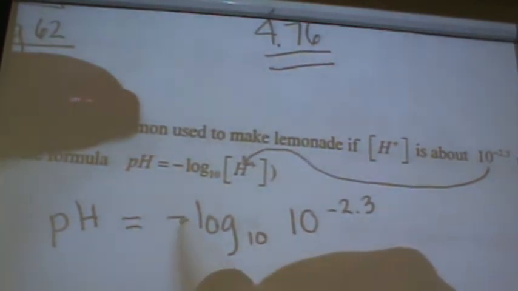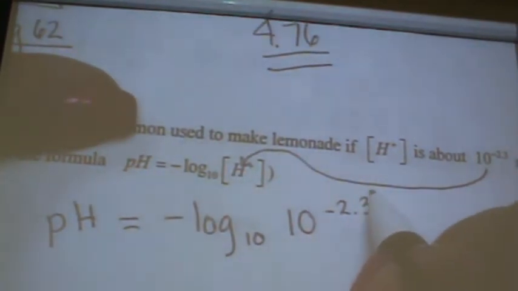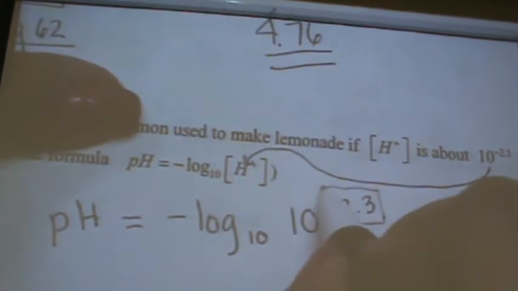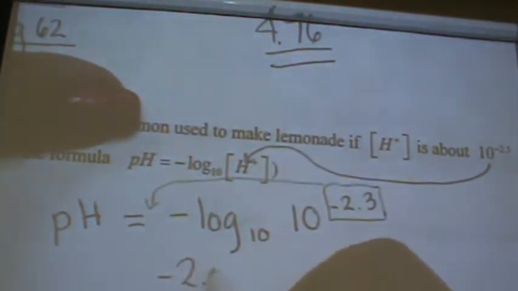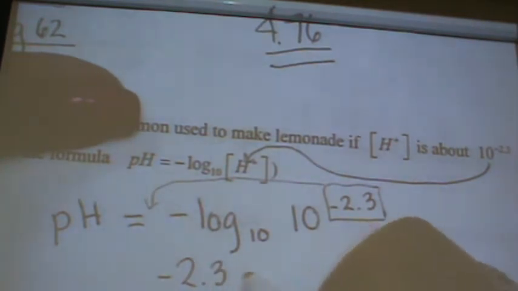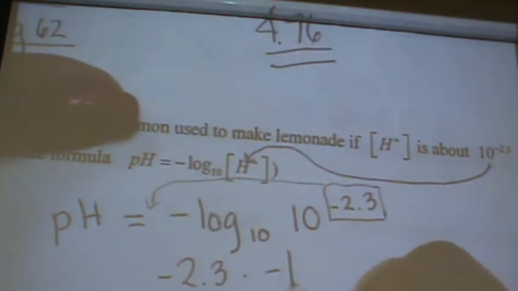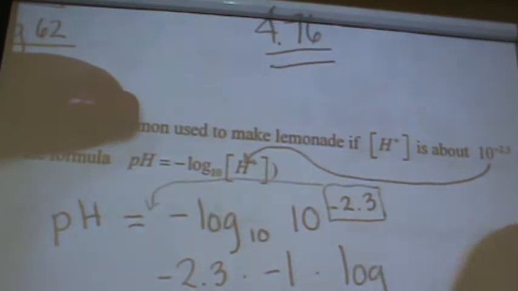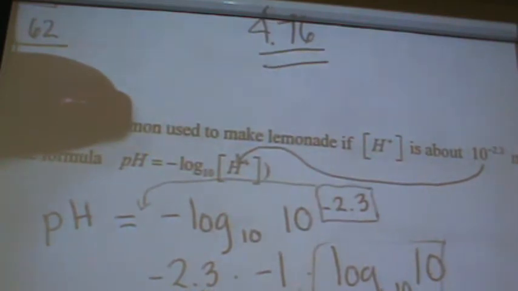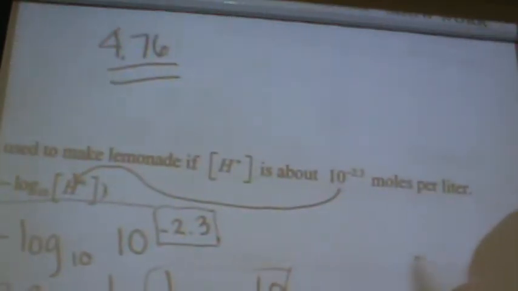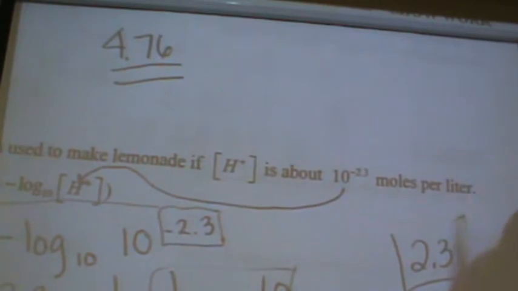This is saying -1 times, do you remember what you do with this right here? This goes in front. So you have -2.3 times -1 times the log of 10 base 10. Well, what's the log of 10 base 10? What's this equal to? 1. Well, what's this times this? So that's your answer, 2.3. And if you don't believe me, you can use your calculator.